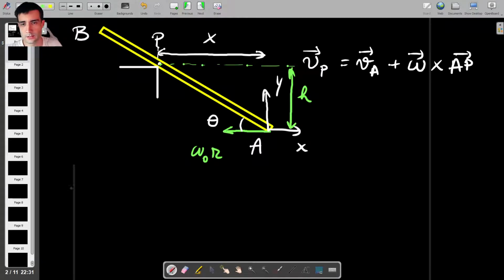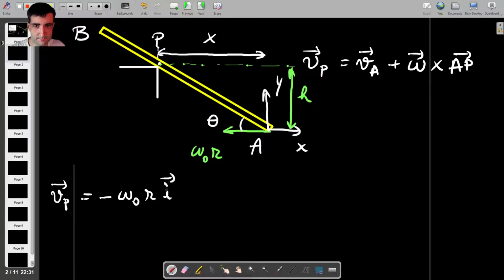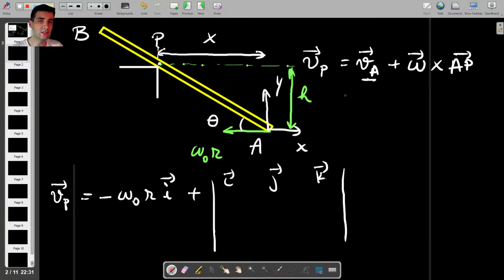So let's actually get an expression for the velocity of point P. So the velocity of point P is minus omega naught r times i. That's VA, that's what we did in the first part of the question, and then plus, we've got i, j, and k. Now, I don't actually know which way omega is acting. I can sort of guess, but I'm not going to do this.